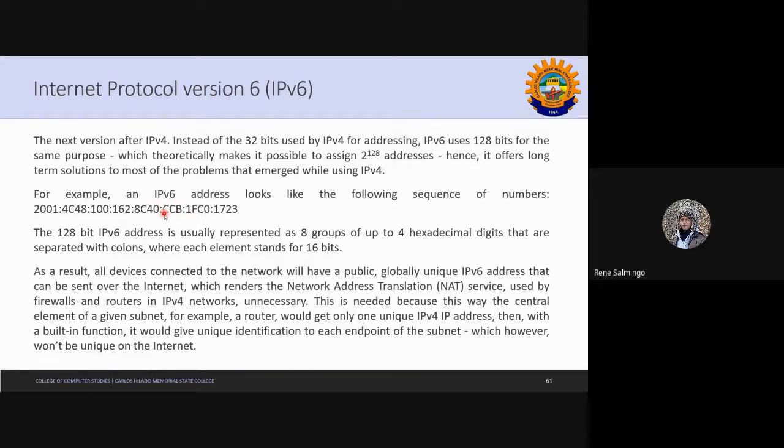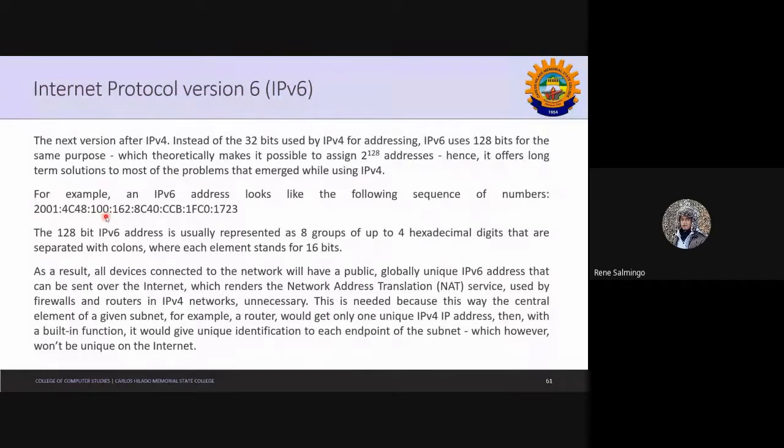What is the digit here? 0. This is 0CCB. By the way, for the most significant digit, if it is 0, it's okay that it would not be displayed.